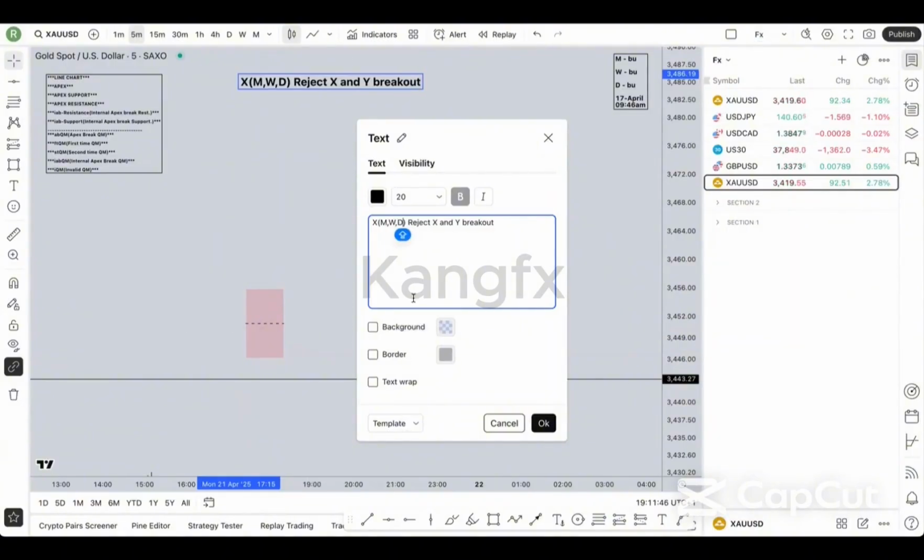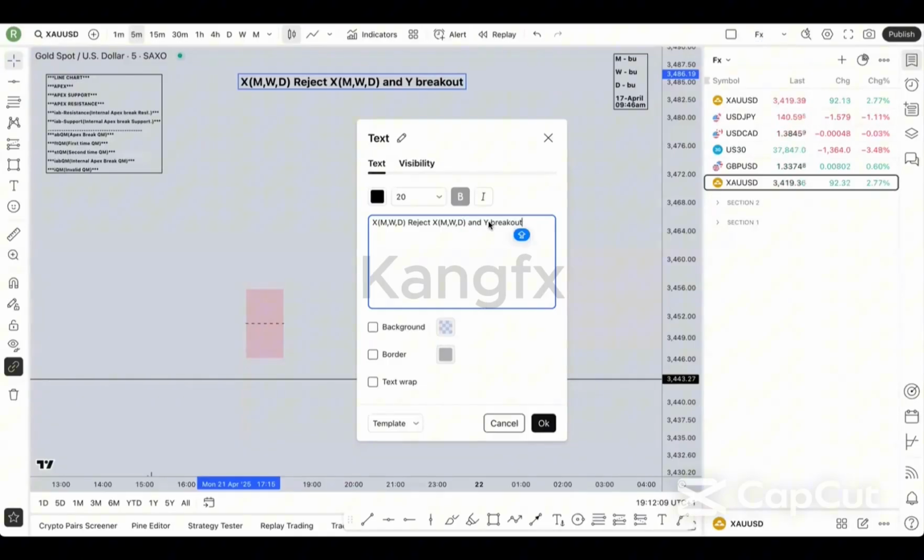The X there is just a variable representing this MWD, which stands for monthly, weekly, and daily. Then X rejects X, the same thing.